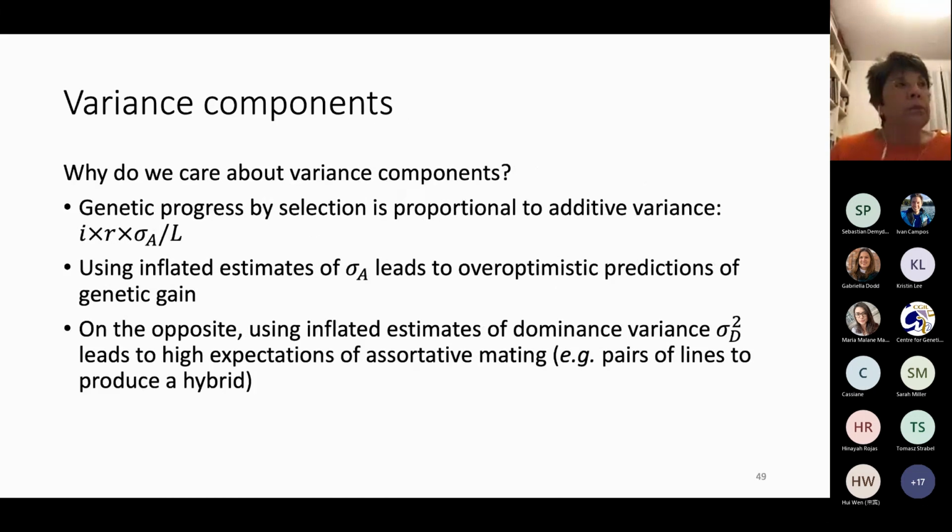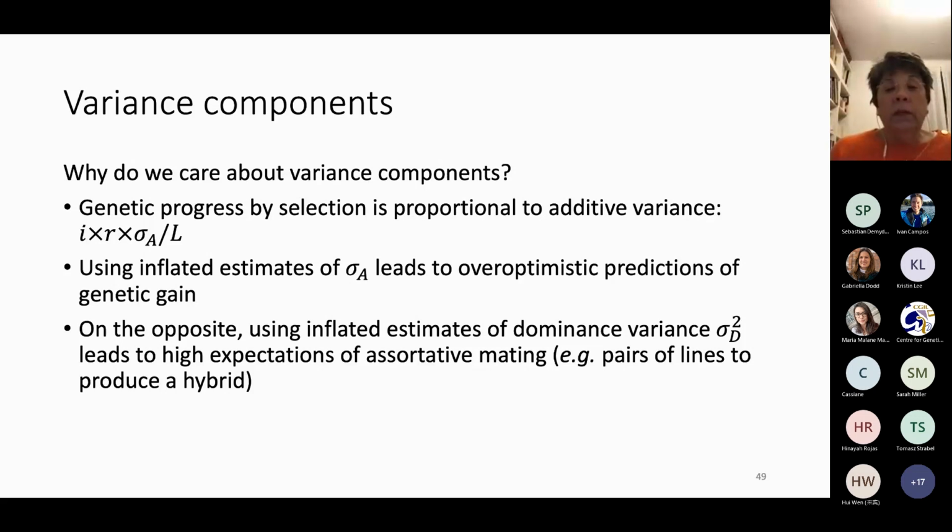Another thing is when we think about variance components, it's important to take care about them because you know that the genetic progress that we have by selection is proportional to the additive variance. So if we have estimates of the additive variance that are inflated, we will have an over-optimistic prediction of genetic gain.